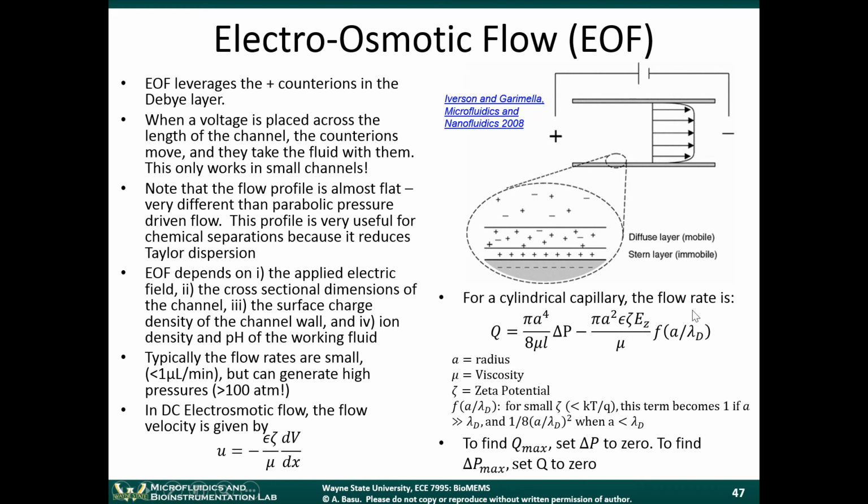This function here is something that's equal to 1 if the radius is much greater than the Debye length, and it goes to this factor when the radius is very small. So the Debye length can be as little as a few nanometers, or it can be hundreds of nanometers, depending on the concentration of the salt solution, and so on.